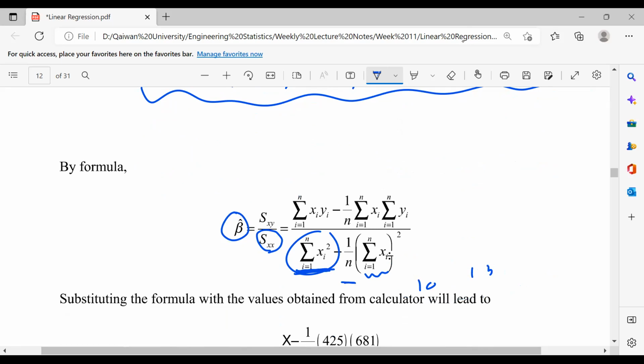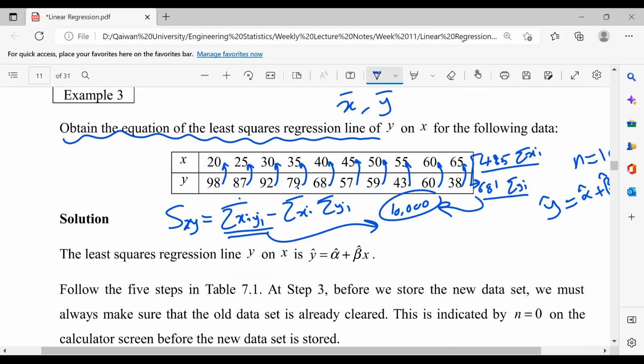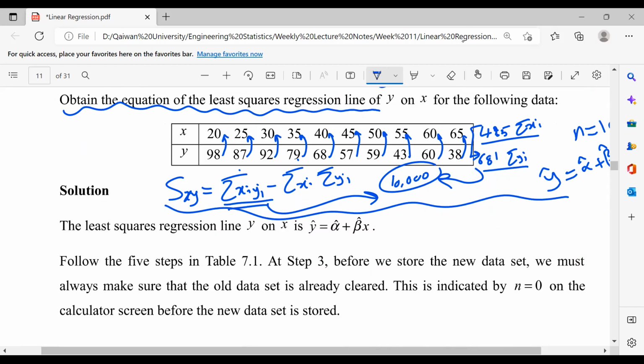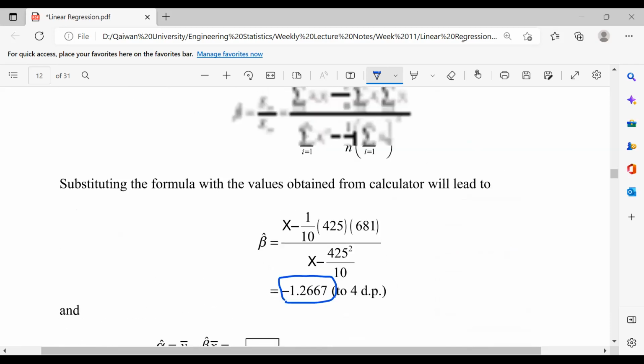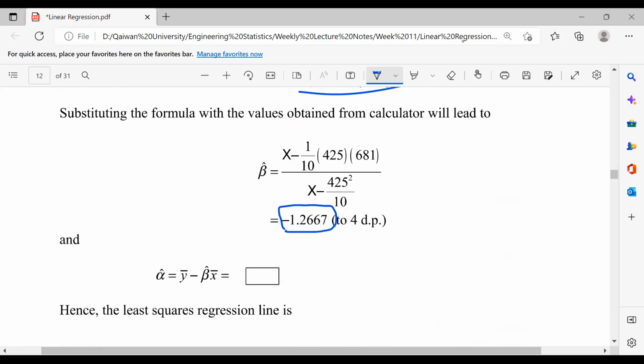After finding this, we divide the one which we found above by this result here. The result that we get is beta hat, which equals minus 1.2667. That's approximated to 4 decimal places.